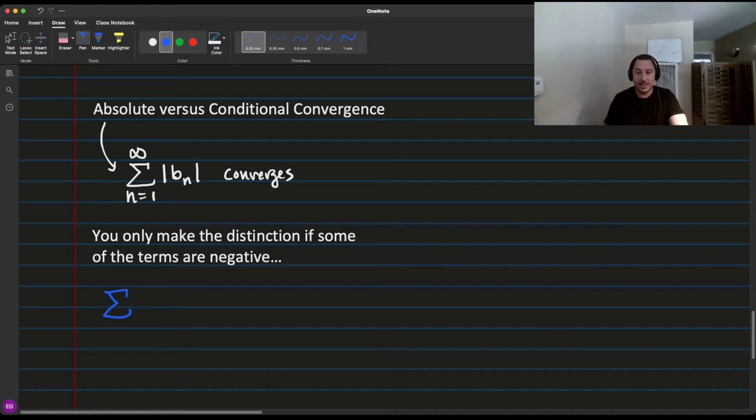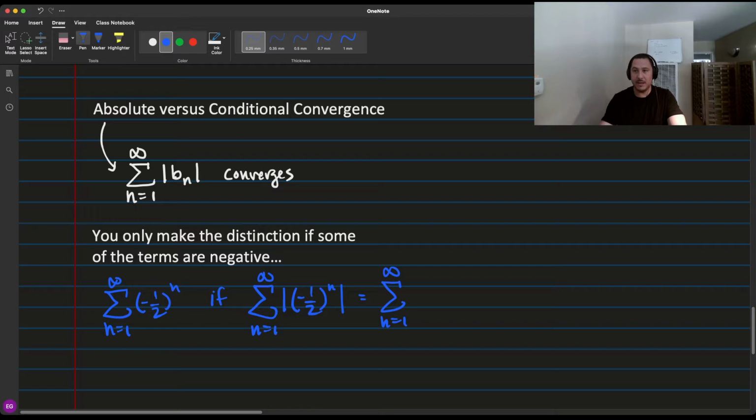We looked at the sum from n equals 1 to infinity of (-1/2)^n. If the sum from n equals 1 to infinity of the absolute value of (-1/2)^n converges, then it's absolute convergence. Oops, sorry, I put the absolute values in the wrong place. There we go. So if you take the absolute value of this, what are you going to get?